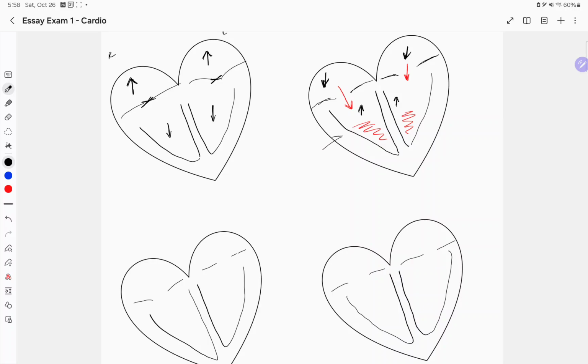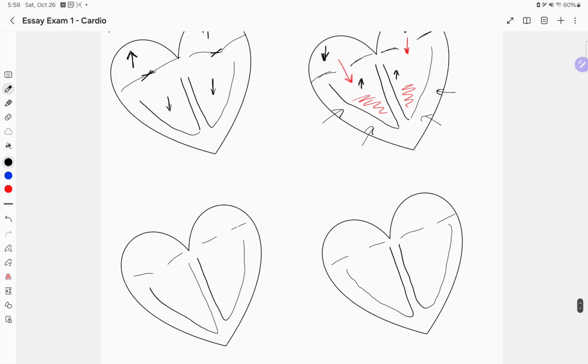Then we're going to have contraction of these ventricles. That's going to cause our bicuspid and tricuspid valves to close again, because now we have this rising pressure in the ventricles.